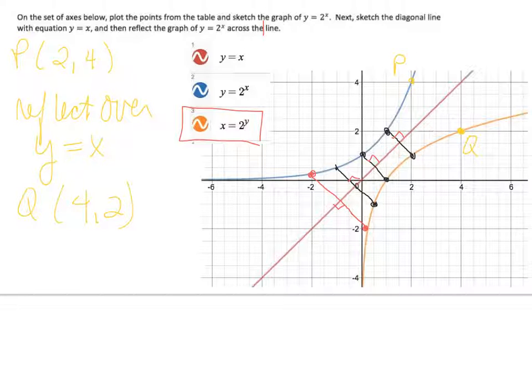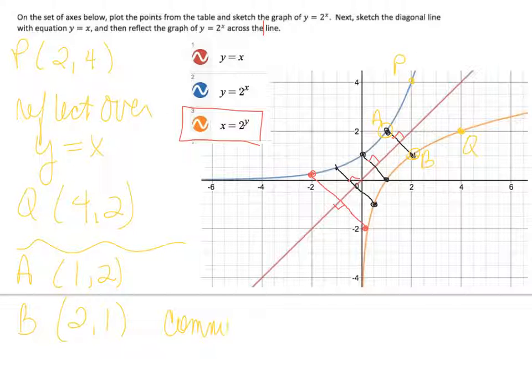Let's take point A, which is over 1, up 2. We're going to reflect it and call it B, and that's going to be over 2, 1. So that is common for a reflection over the line y equals x.